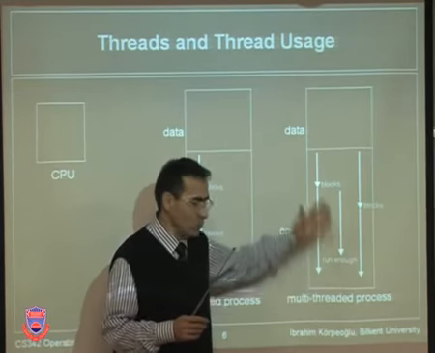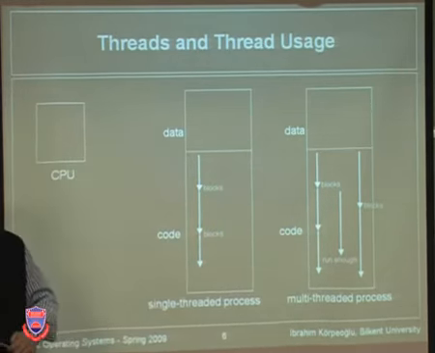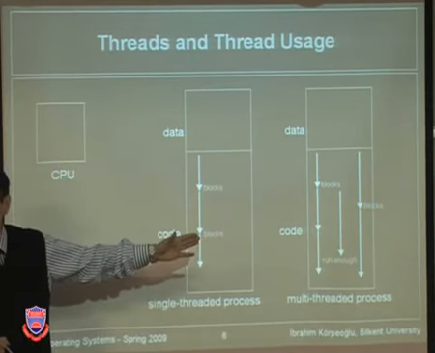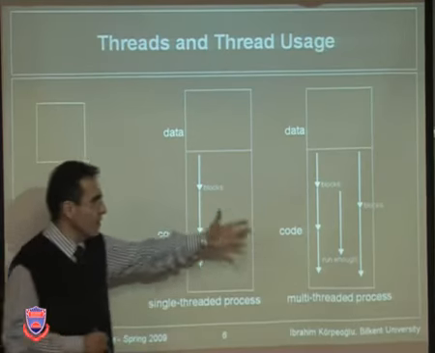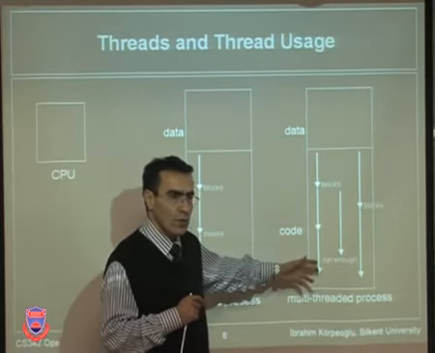Of course, when that process is taken out of the CPU and another process is given the CPU, then you can no longer run the threads of that process. So now you are scheduling the threads within the allocation of resources of that process.